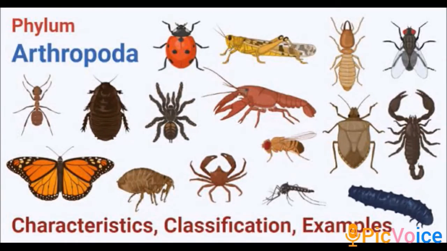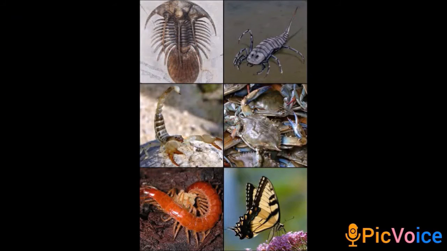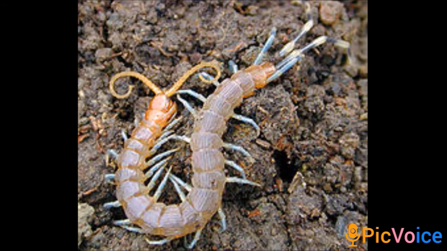Phylum Arthropoda. This is the largest phylum in the kingdom Animalia. All the types of insects are included under Arthropoda. Over two-thirds of the named species on earth are arthropods. Out of the 1.7 million species that have been identified, most of the part is taken by Arthropoda.